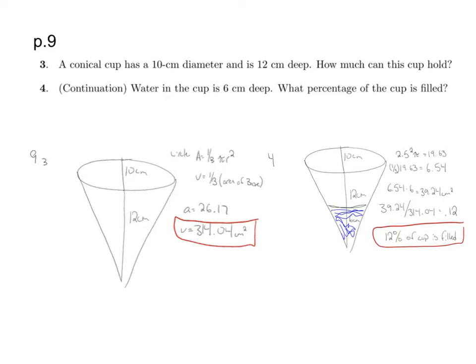So when you do 2.5 squared times pi, you'll get 19.63. 1/3 of that is 6.54. 6.54 times the height of 6 will get you 39.24 centimeters cubed. And when you divide that by 314.04, the original volume of the cone, you will get 12% of the cup is filled with the water.